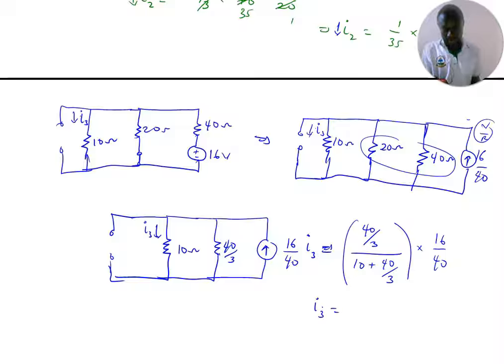So you are going to get 40 on 3, all divided by 10 plus 40 on 3, times 16 on 40.